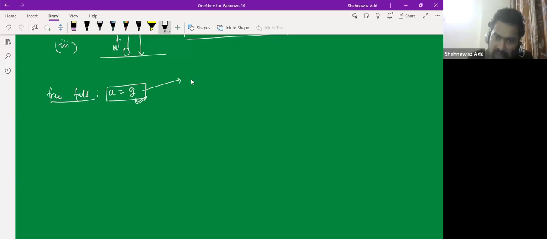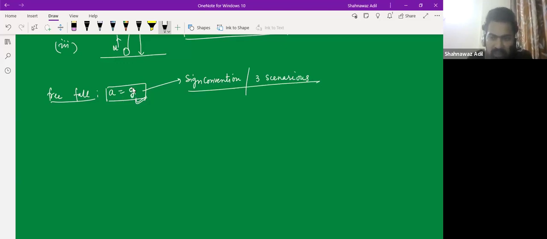But there is a sign convention, and there are three kinds of scenarios. This is very important. The only acceleration is g, but we have a sign convention. The first scenario is that the object is dropped from some height. So the object is dropping.